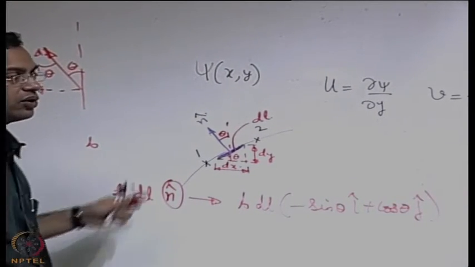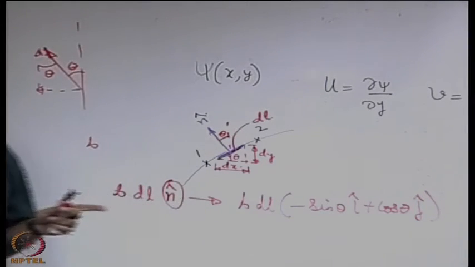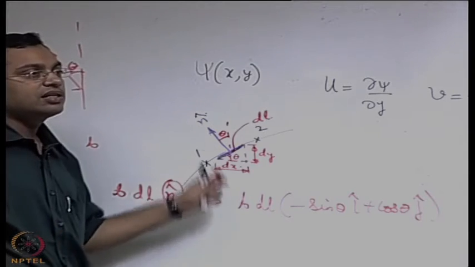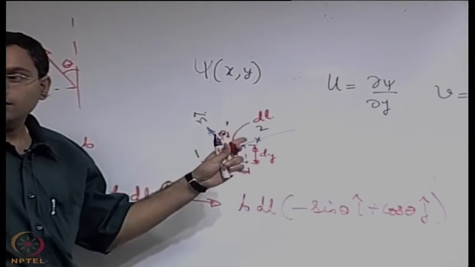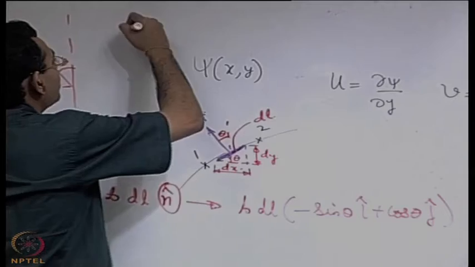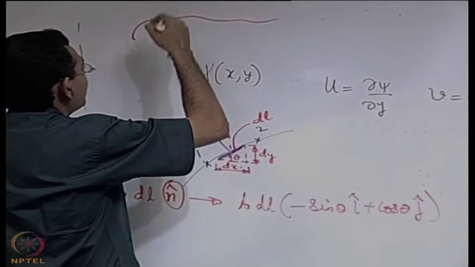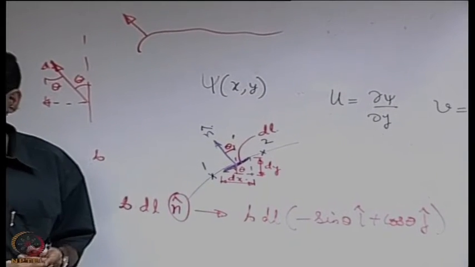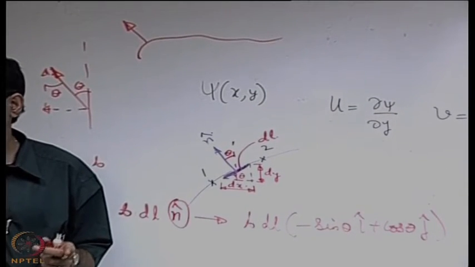Now, if we want to find out the volume flow rate, it is nothing but what? The dot product of the velocity with the area, because if you have an arbitrary area, what will give rise to a volume flow rate? Only that component of velocity which is perpendicular to the area gives a net flow rate, right.